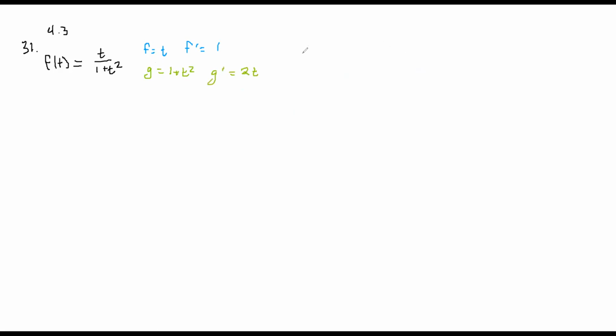And the quotient rule goes f g prime minus f prime g, right? All over g squared. So this would be t times 2t minus 1 times 1 plus t squared all over.